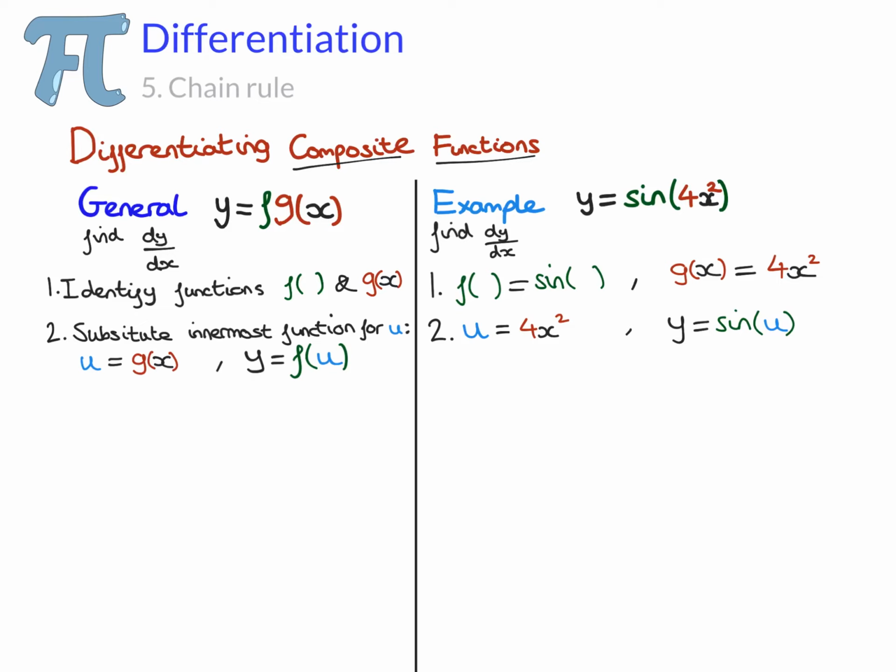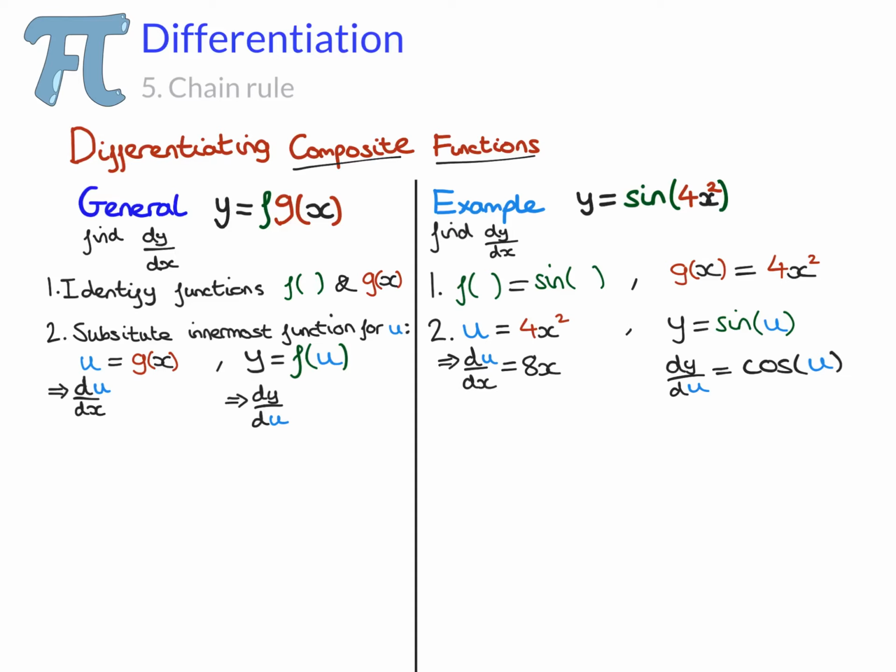We have the innermost function u in terms of x, and we can differentiate u with respect to x to get du/dx. We have the outer function y in terms of u, and we can differentiate y with respect to u to get dy/du. And for us, dy/du is just equal to cos u.